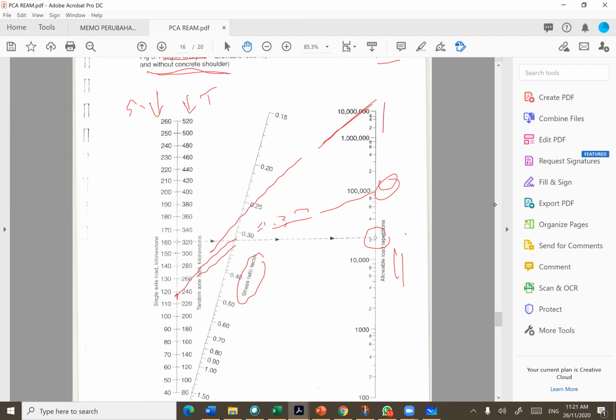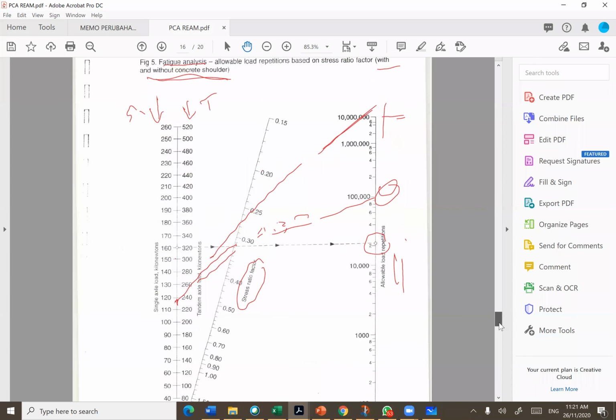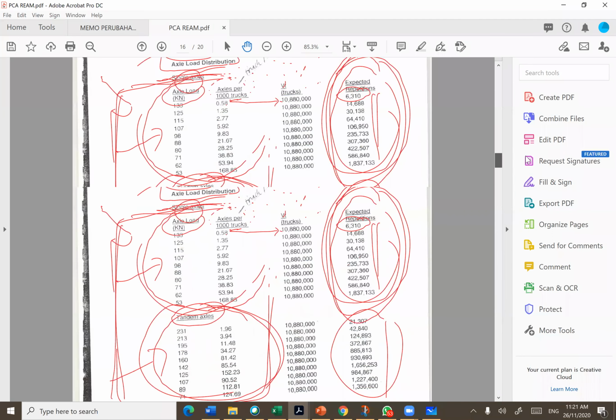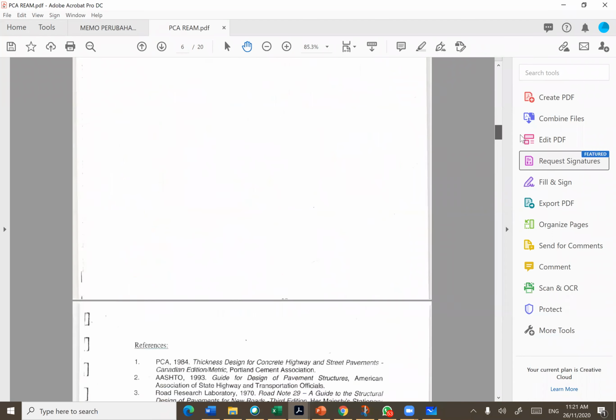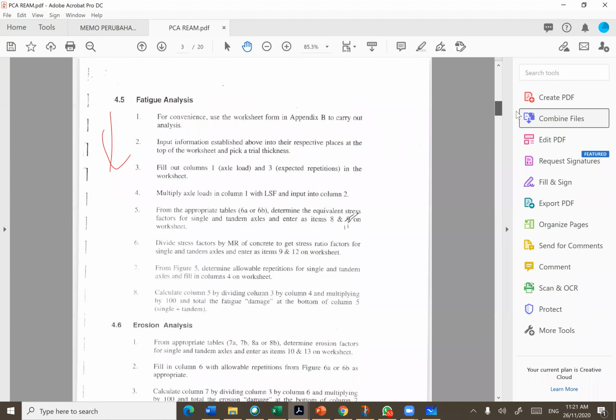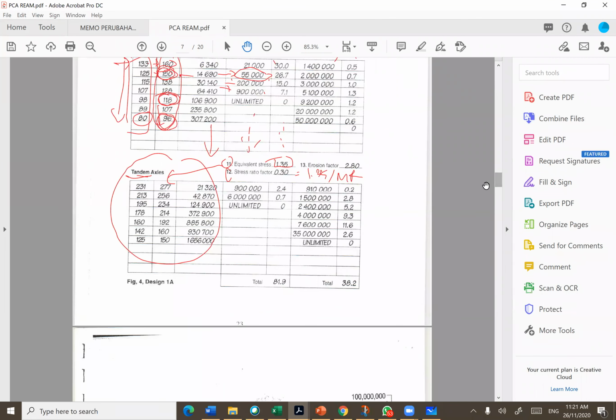The line goes outside the scale? Yes, right, that's where 2 million. So it goes beyond the scale. Once it goes beyond the scale, that's where you stop.